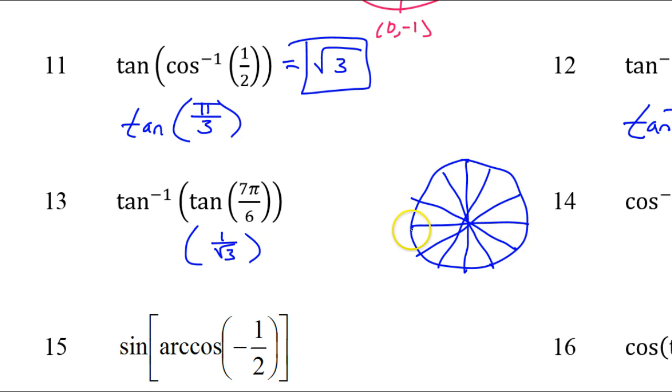Okay, 1, 2, 3, 4, 5, 6, 7. This is 7 pi over 6 right here. Tangent is positive in this quadrant and this quadrant. So this will be positive, so I'll just leave it 1 over radical 3.